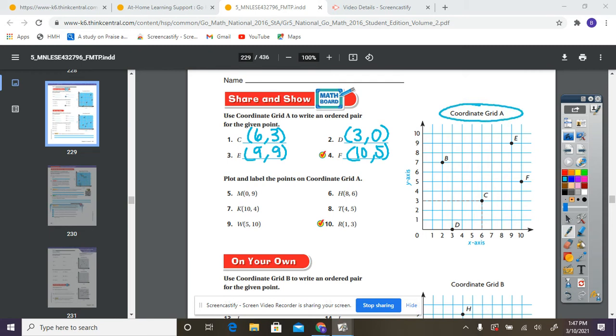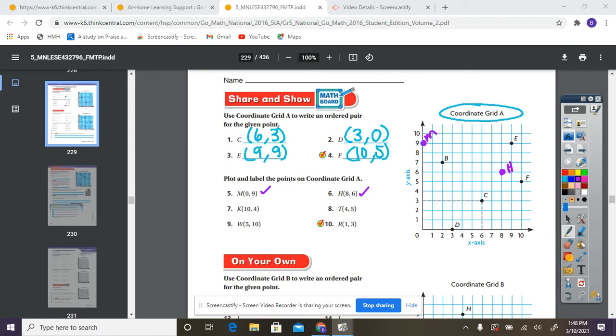So they want me for number 5 to go over 0 and up 9. Over 0, up 9, put a dot. I might need to make my dots a different color. Put a dot, and we have to label that M. These points have a name. So we did that. I might just write a little check that I did that. H, go over 8, up 6. So I'm going to put a little dot. I'm going to name it H. I did that.